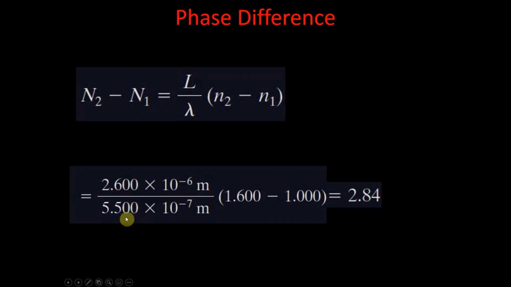And here we've got lambda, which was 550 nanometers, or 5.5 times 10 to the minus 7 meters. I would probably just put times 10 to the negative 9 on the end of my 550. N here is the difference in refractive index, 1.6 for the plastic and 1 for the air, giving us a value of 2.84. So our phase difference here is 2.84.